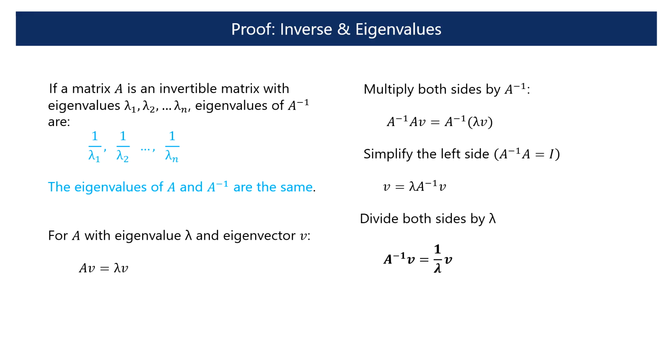Next, divide both sides by lambda, assuming that lambda is not equal to 0, since A is invertible and thus has non-zero eigenvalues. We can see that the first point of this property is met, and the eigenvector of A inverse is the same as that of matrix A.